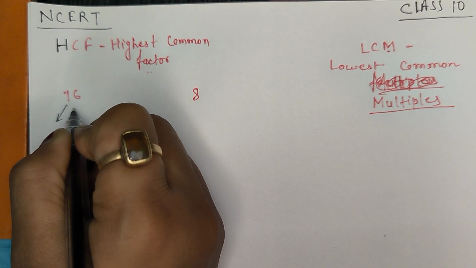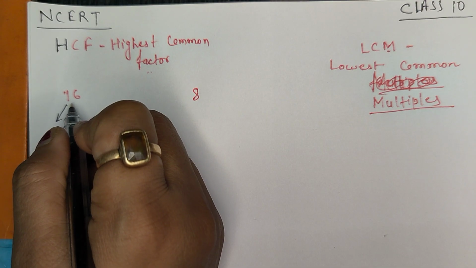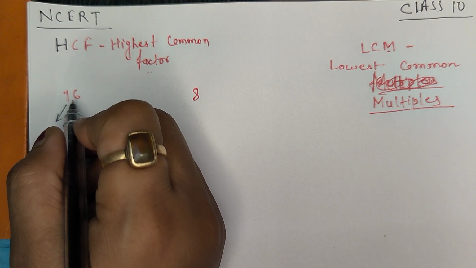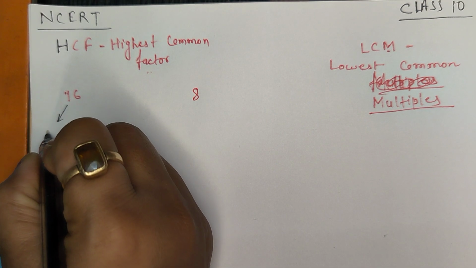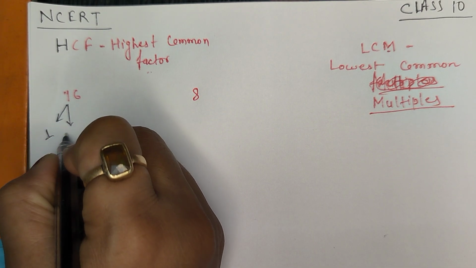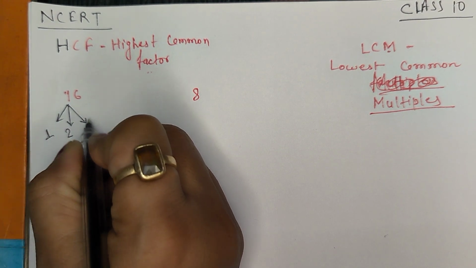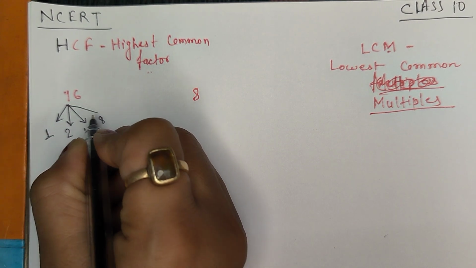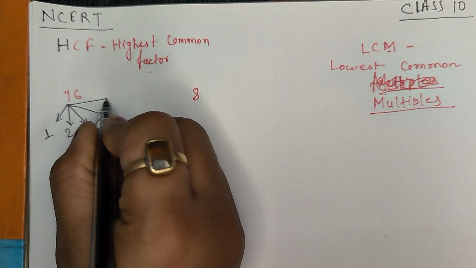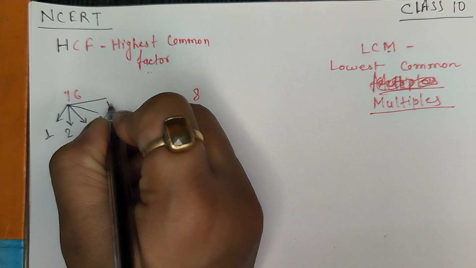Factors means numbers which completely divide that number. 1 completely divides 16, then 2, 4, 8 and 16.